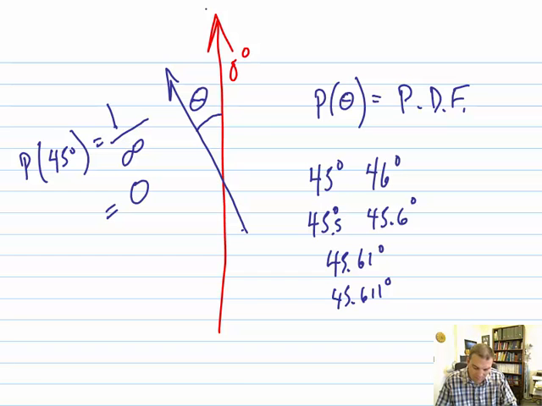So when we look at probability distribution functions, the likelihood of a single event occurring under a continuous variable, the likelihood of that one specific event occurring, is actually 0. And when you think about this, this is sort of strange, because this tells you that the probability of this needle falling and the angle being 45 degrees is 0.